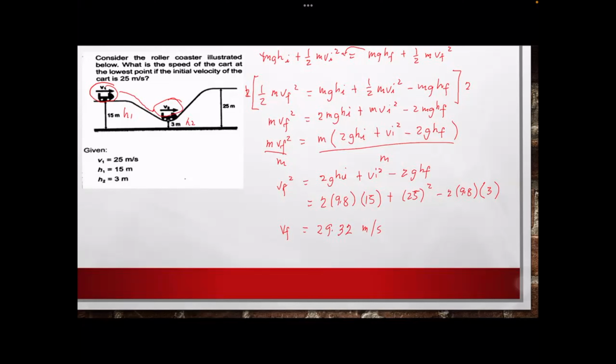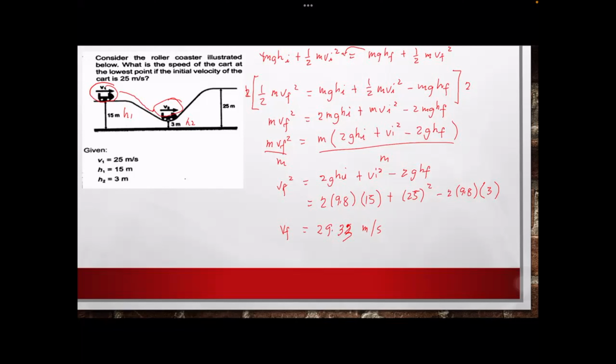Yes, Pearl? Pareho ba ng sagot? 29.33 po. 33? Opo. To round off. 29.33 meter per second as the answer. Okay po. Yes, pagod na sila.